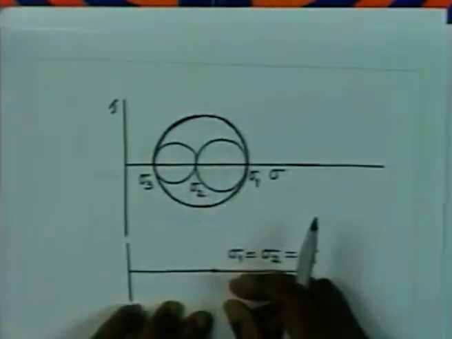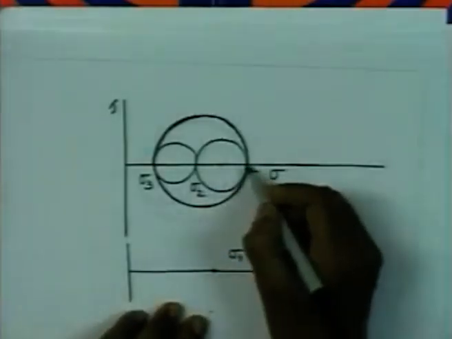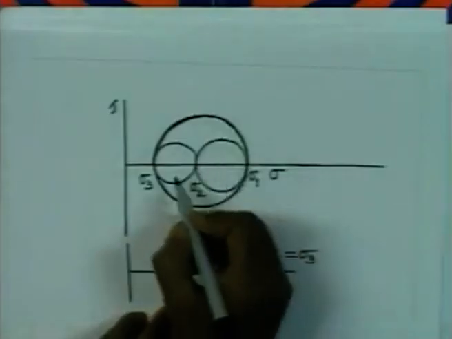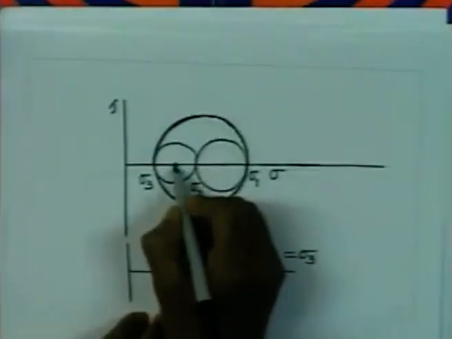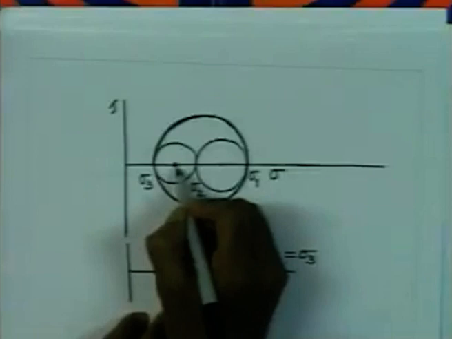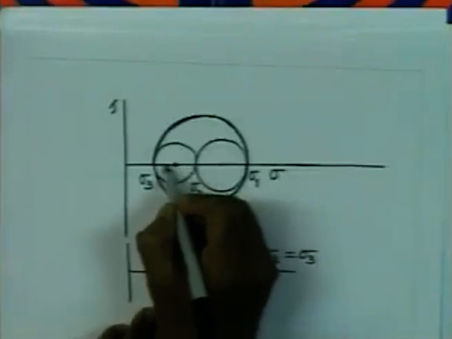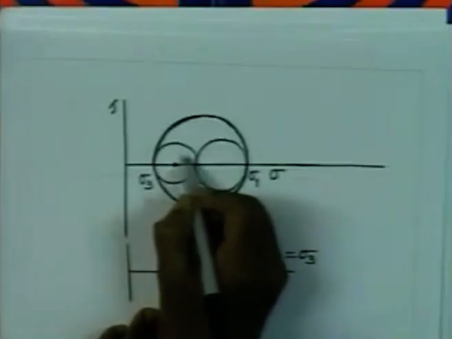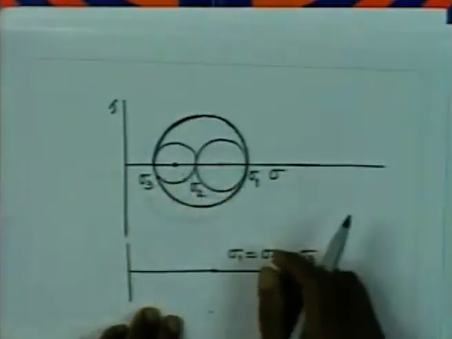As in the case of 2 dimensions, you find that the 2 principal directions are 180 degree apart. Similarly, here the direction sigma 2 is given by this direction, sigma 3 is given by this direction, they are 180 degree apart. It is again that the angle, physical angle, gets doubled up in the Mohr circle diagram.